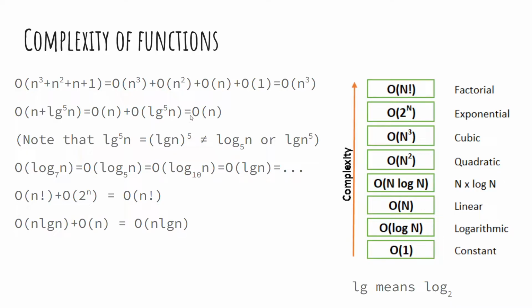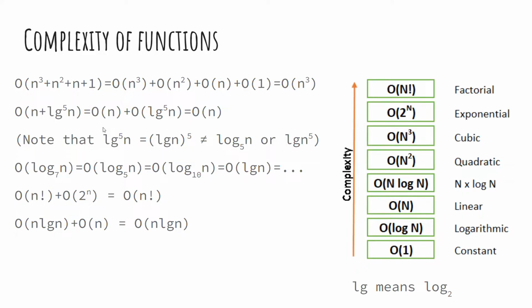Okay, so here I'm basically trying to give examples of basic arithmetic using big O notation. So for example, if you have an algorithm which runs in n cubed plus n squared plus n plus 1 time, then you can simplify this and say that the algorithm is of big O of n cubed time complexity, because n cubed is basically dominating over n squared, n and 1.